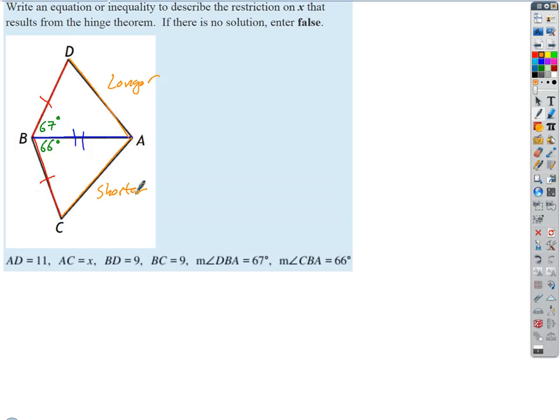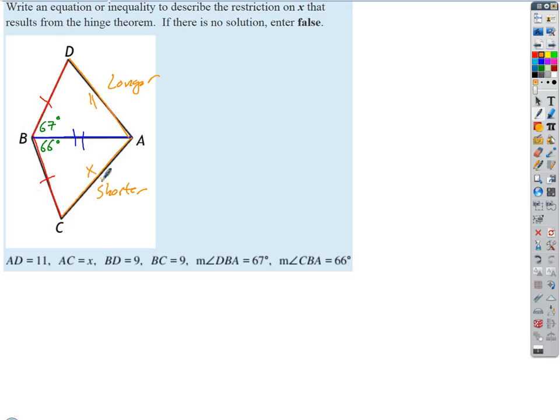So it wants us to come up with an inequality in this case, or an equation it could be, that's going to describe the restriction on x. So what's that tell us? Well, AD is equal to 11, right? So this is 11, and this is x.